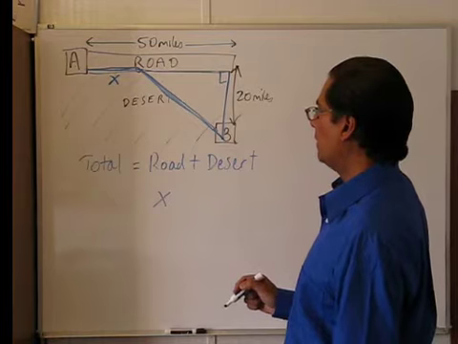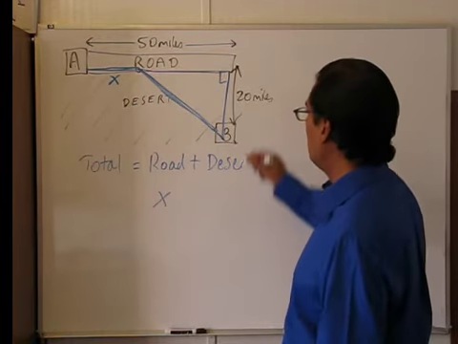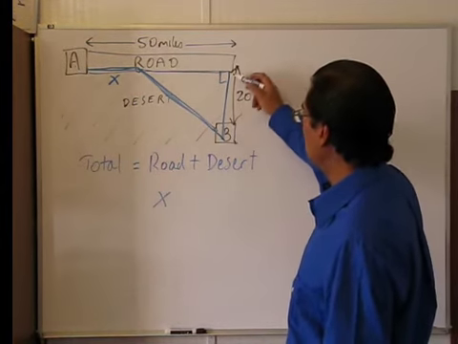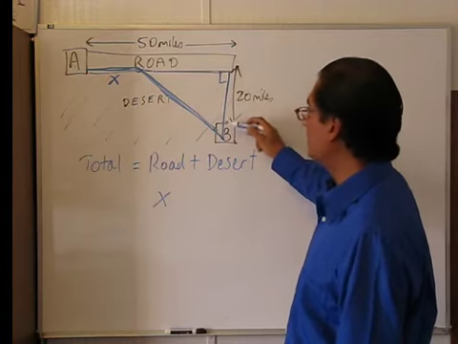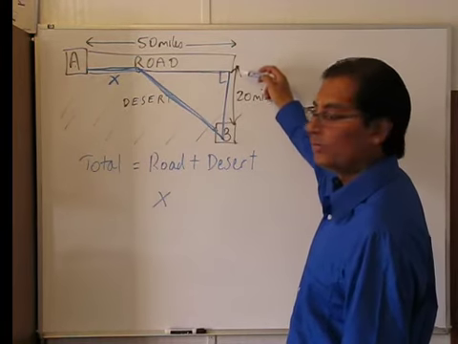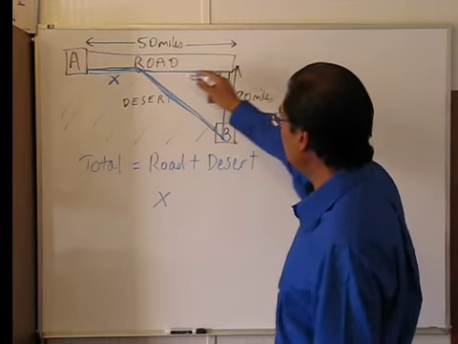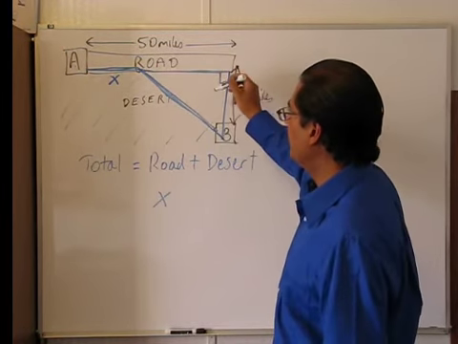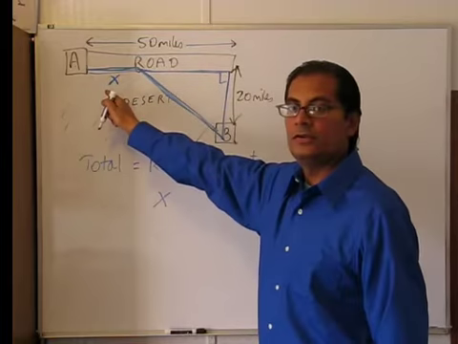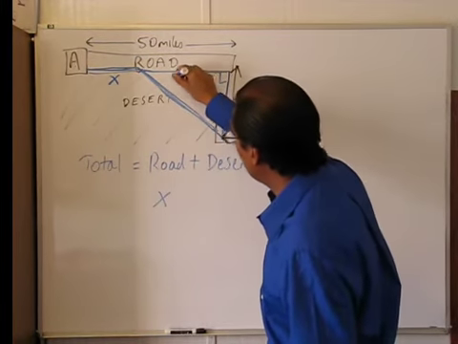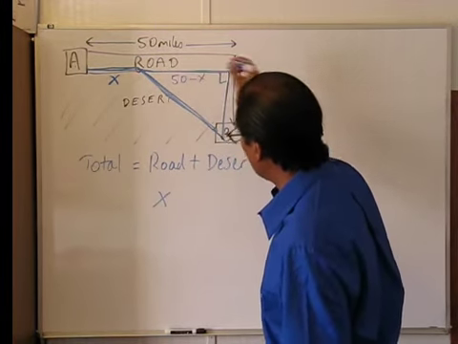So, how do we figure out what the hypotenuse is? Well, we know one side is 20, right here, coming across the desert directly from the place opposite B. But what is this distance? This distance here is going to be 50 minus how much you travel on the road. So this distance here is 50 minus X.